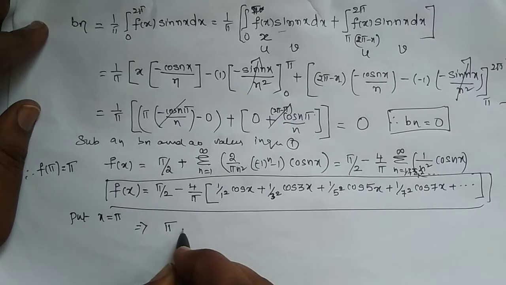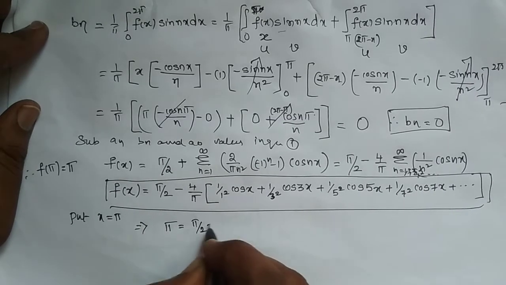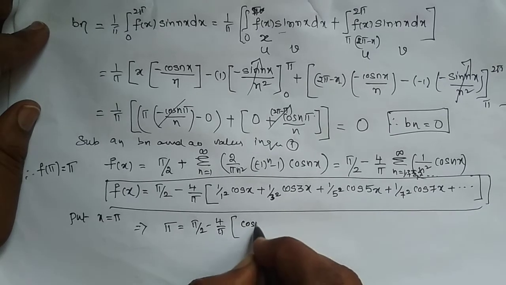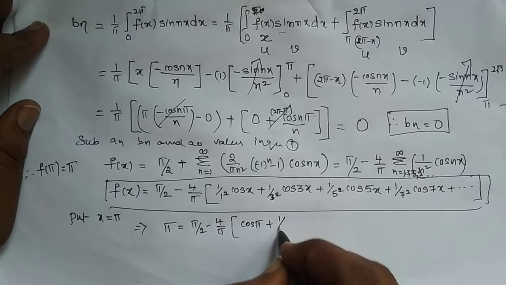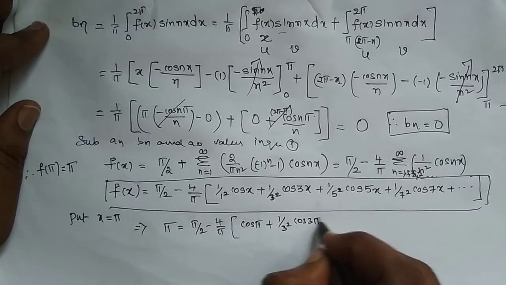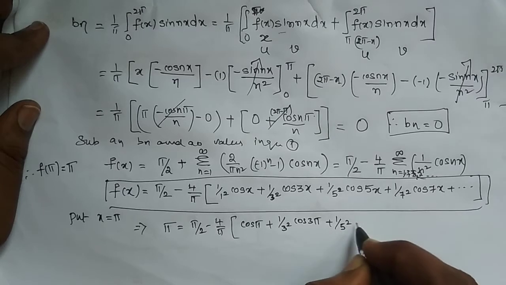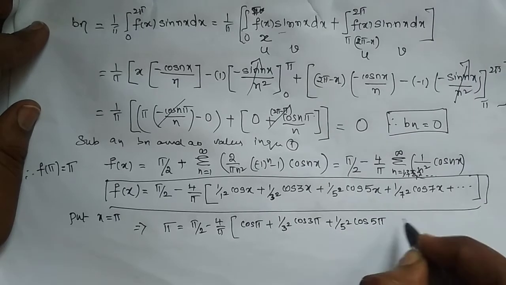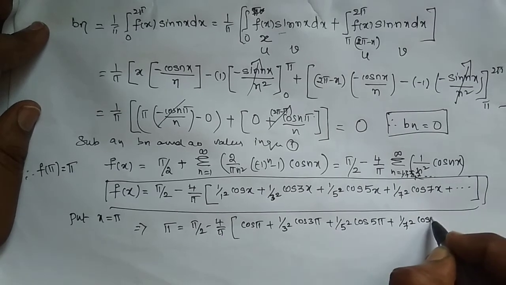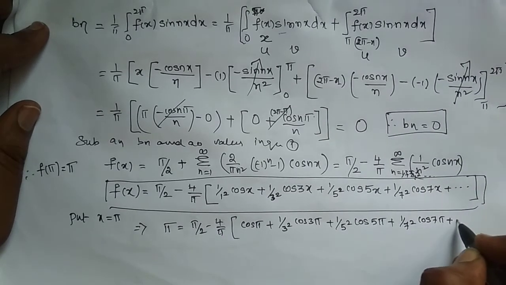Pi is equal to pi by 2 minus 4 by pi into cos pi plus 1 by 3 square into cos 3 pi plus 1 by 5 square into cos 5 pi plus 1 by 7 square into cos 7 pi plus and so on.